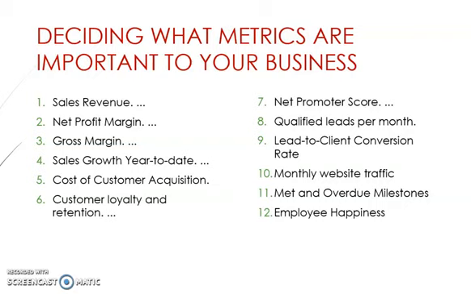Further, more and more work is to be done. The net promoter score, the qualified leads per month, and the lead to client conversion rate, how we are converting the leads, and at the same time monthly website traffic, missed overdue milestones, and employee happiness.